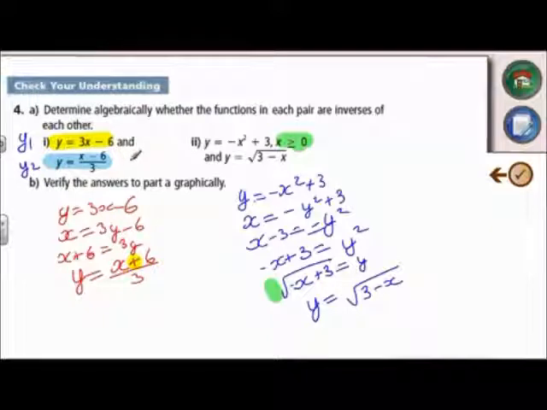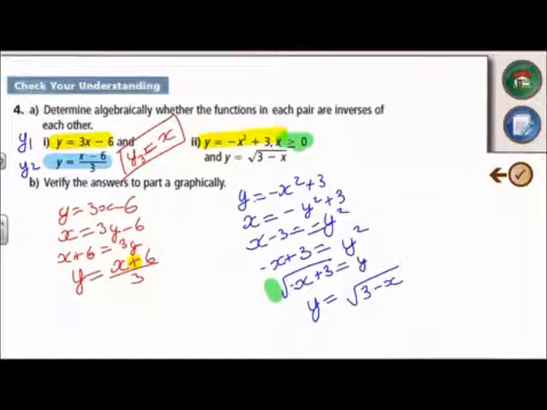Also graph for yourself y3, which is y equals x. Graph that third one as well. All of them have to intersect at y equals x, so all three of them have to intersect at the same point. And you've got to notice that these will be the exact same shape, just flipped over top of this third line.